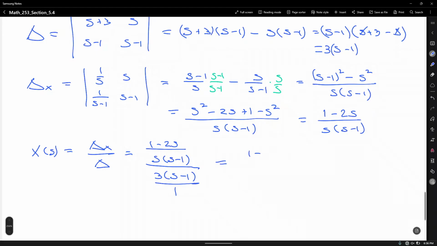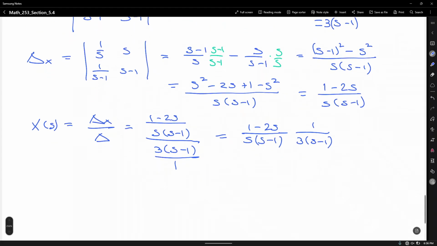This would be 1 minus 2s over s times (s minus 1), times 1 over 3 times (s minus 1). Combine these together, x of s is 1 minus 2s over 3 s times (s minus 1) quantity squared, okay?